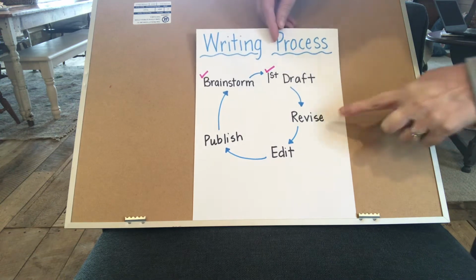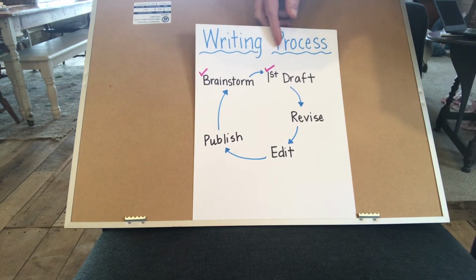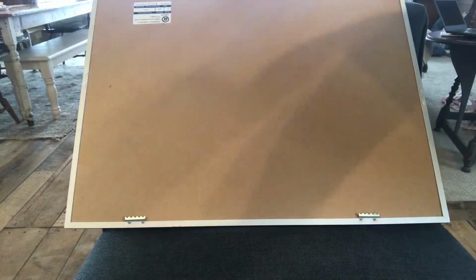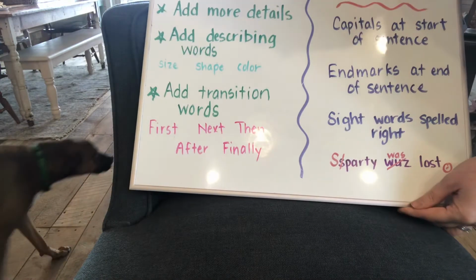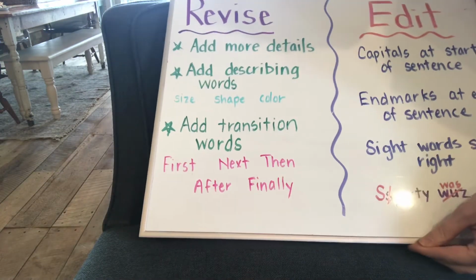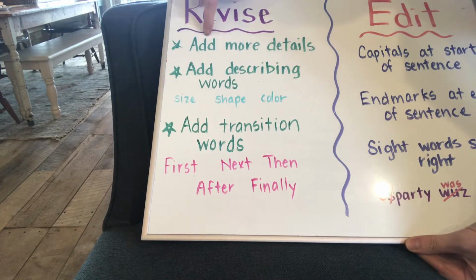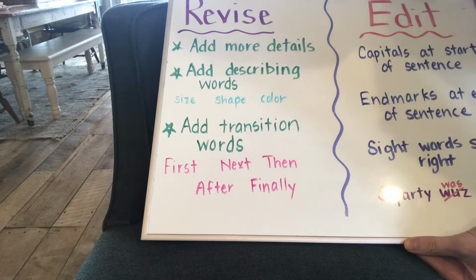So let's talk about revising first. Revising means to make your story better. So on my board here, I wrote down several things that you can do to revise your story. So when we revise, we add more details. We're making our story more interesting to our readers.